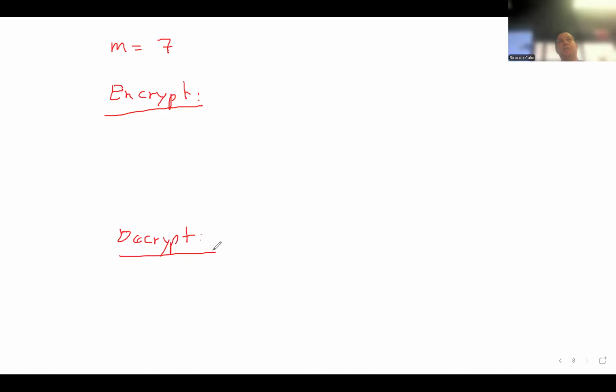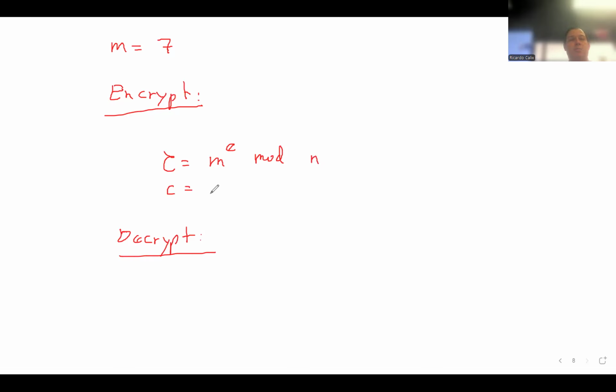We've already written these down, right? So we know that to encrypt the message, I have the cipher. Obviously I have a plain text message. So the equation is m to the e, mod N, correct? So that's how you encrypt.